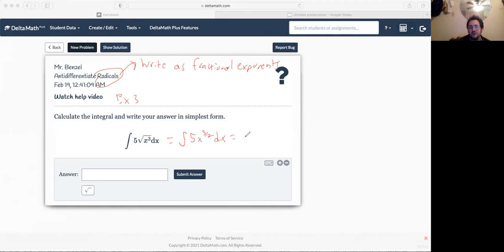And then I'm going to take the antiderivative. So this is going to be x to the 3/2 plus 2/2, so that's just adding 1. And then in the denominator, I have 5 over 3/2 plus 2/2.